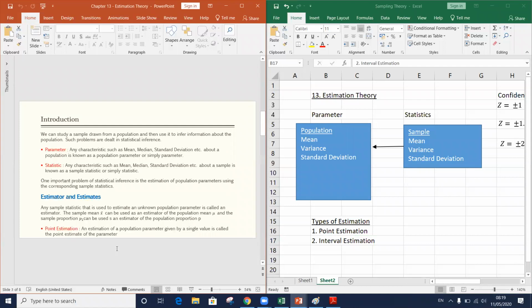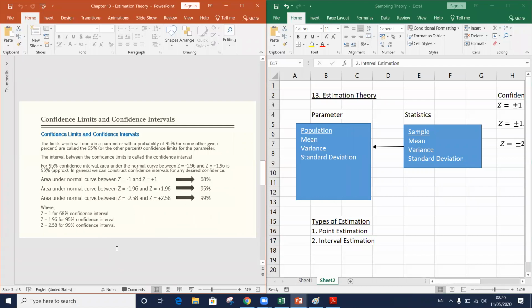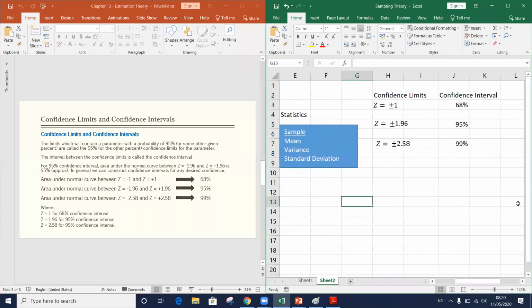There are examples you can read and understand, on confidence limits and confidence interval. In the exam they will provide you the confidence interval. If the confidence interval is 95%, you should know the relevant confidence limit value is 1.96.